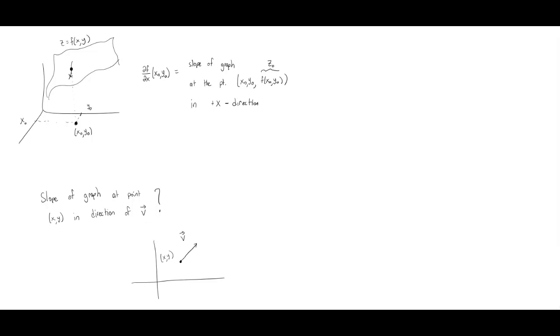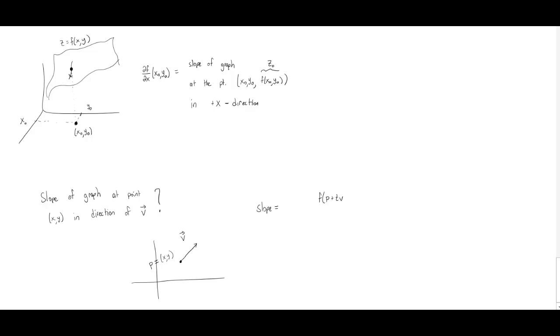So if I wanted to calculate the slope, what we could do is calculate the change in z. And let me call this point P. So it's going to look nicer when I write it out. So I want to calculate the change in z over the change in position in order to get the slope, if you will, right?